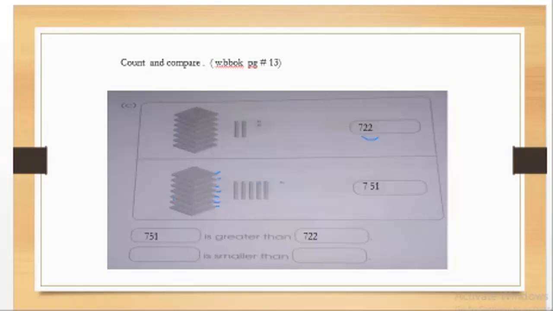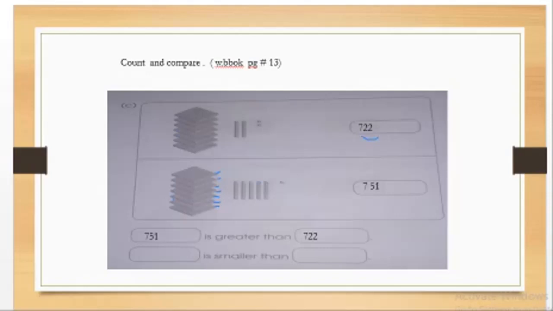Be very careful when you are counting these 100 slabs because they are joined with each other. So count carefully. The number that we found in this picture is 751. So let's read the statement.